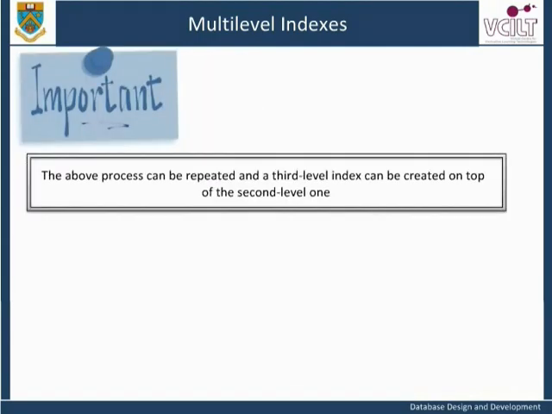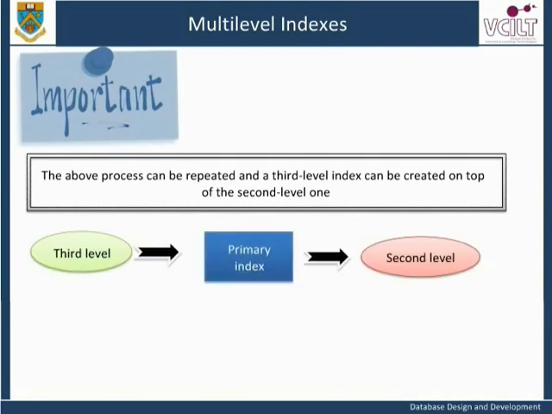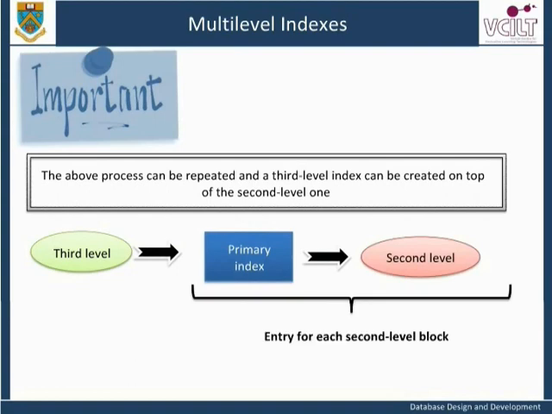The above process can be repeated, and a third level index can be created on top of the second level one. The third level, which is a primary index for the second level, has an entry for each second level block. Thus, the number of third level entries is R3 equals R2/fo.